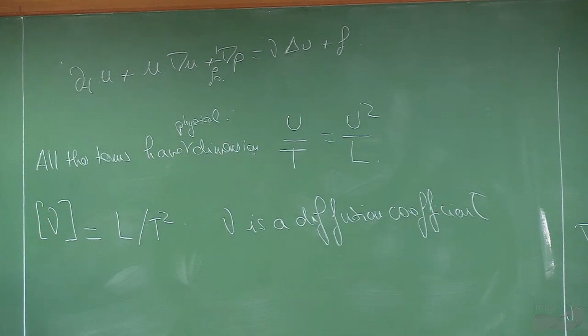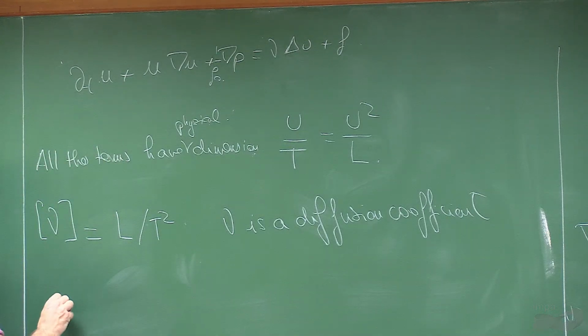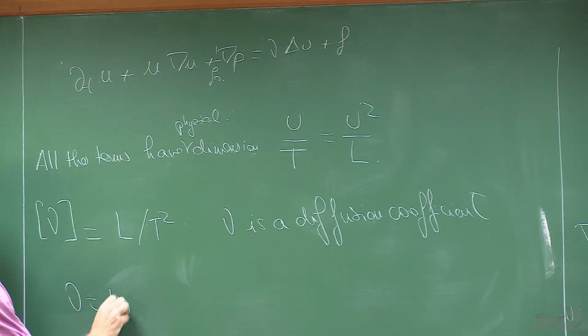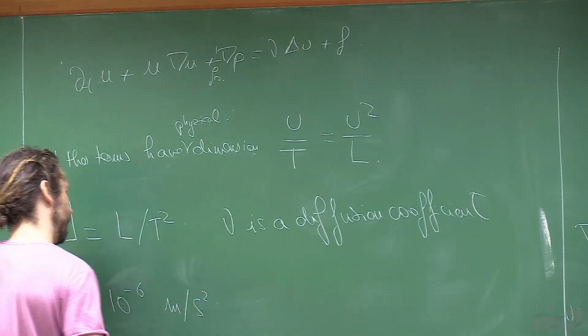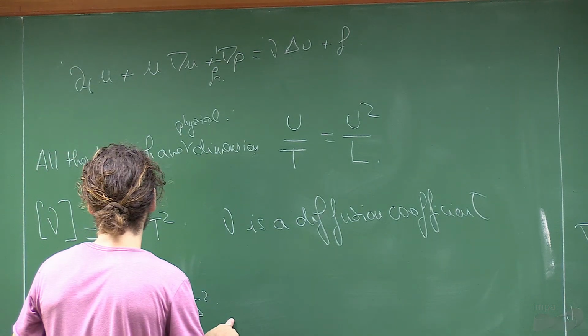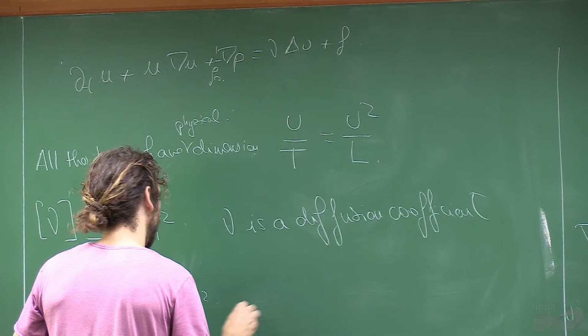and depending on the type of fluid that you are interested in, it takes different values. But usually it's very small, at least for the fluids that we are surrounded by. So for example, nu is 10 to the minus 6 meter squared per second in water.